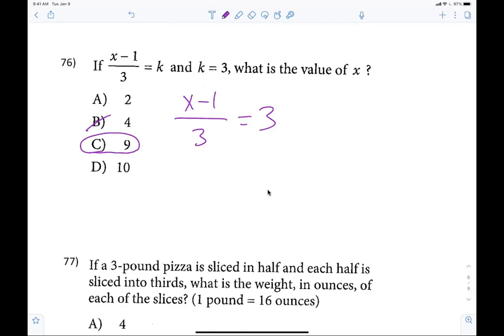If you plug that number in for X, does that work out to be 3? No. Well, let's try 10. Does 10 work? Yes, because why? Yeah, there you go. You're right.